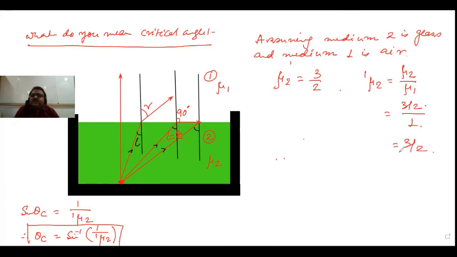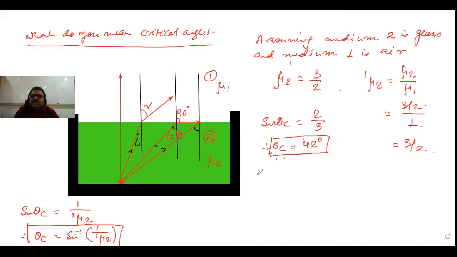Now if I put this value here, sine theta c is 1 by 1 mu2. 1 mu2 is 3 by 2, so 1 by 1 mu2 would be 2 by 3. Remember, the value of sine 42 degree is approximately 2 by 3. So theta c is equal to 42 degree. Actually, it is slightly more than this, but we approximate it as 42 degree.